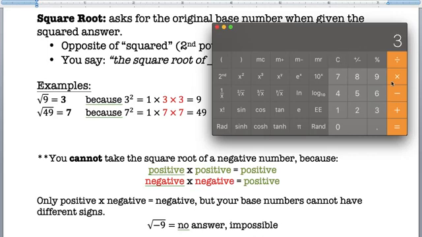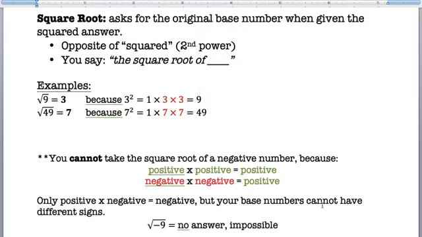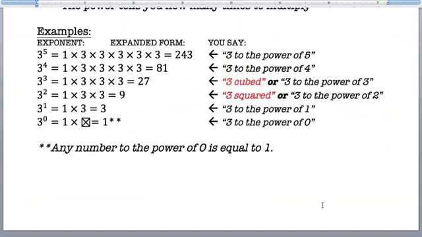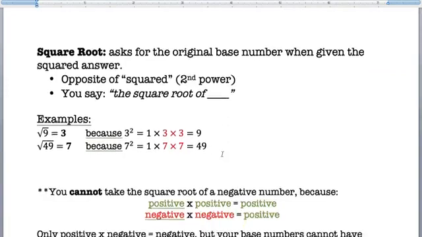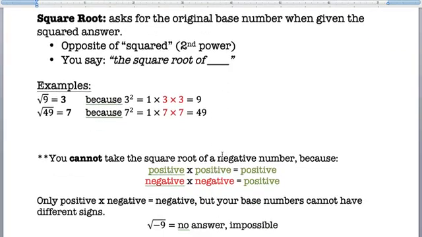If it were a positive 3 times a negative 3, it would get you to a negative 9. But then the positive and the negative are not matching, right? So if you had 2 negatives, negative 3 times negative 3 gets you back to a positive. So they have to be different signs in order to get to that negative. But exponent rules tell you that that number each time has to be exactly the same. So those signs have to match each other. So negative square roots, impossible.